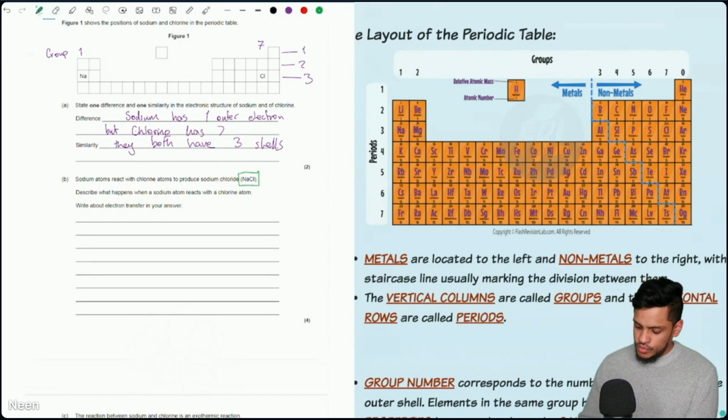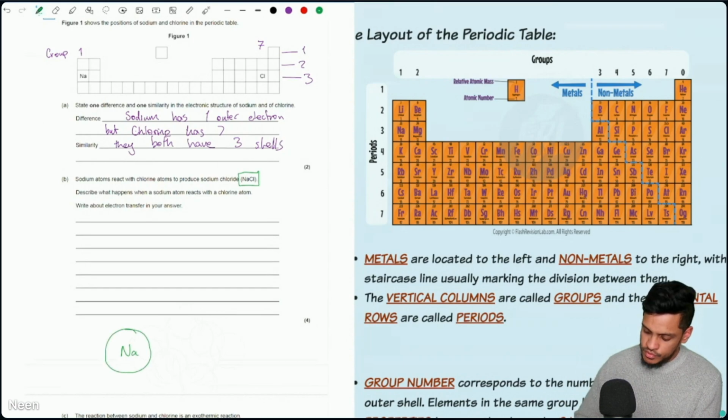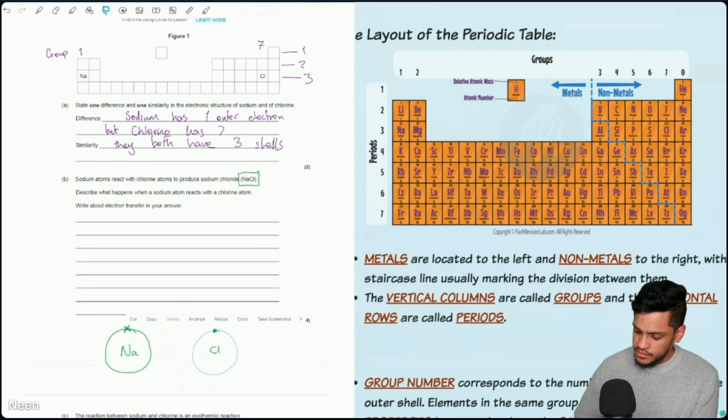So let me draw the two. We've got sodium. I'm just going to draw the outer shell. Sodium is in group 1, so it's got 1 electron in its outer shell. Chlorine is in group 7, so it's got 7 electrons on its outer shell. What's going on?